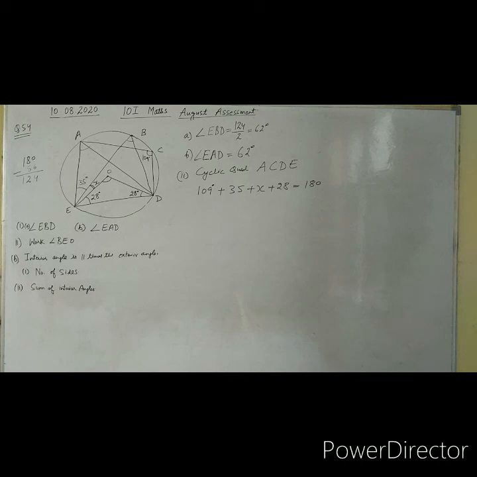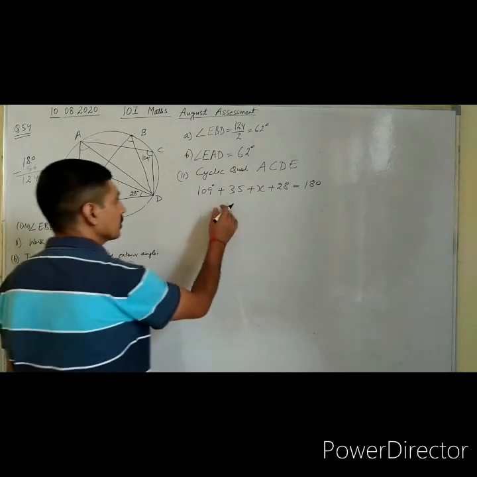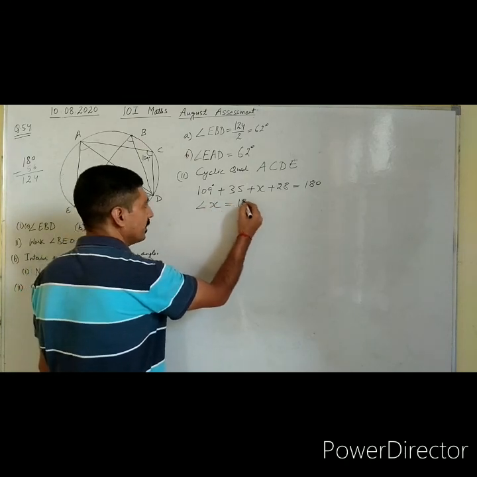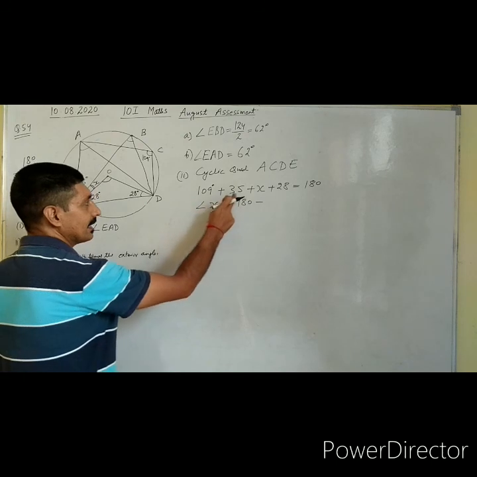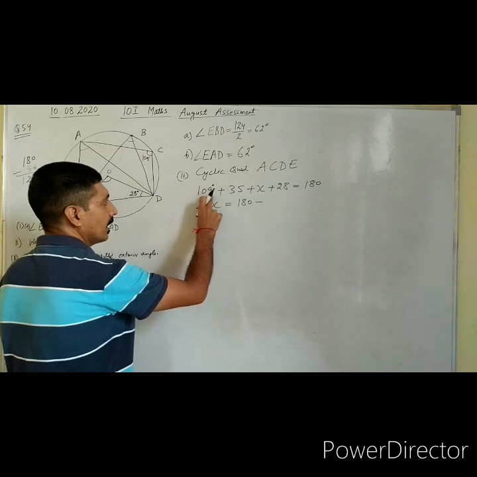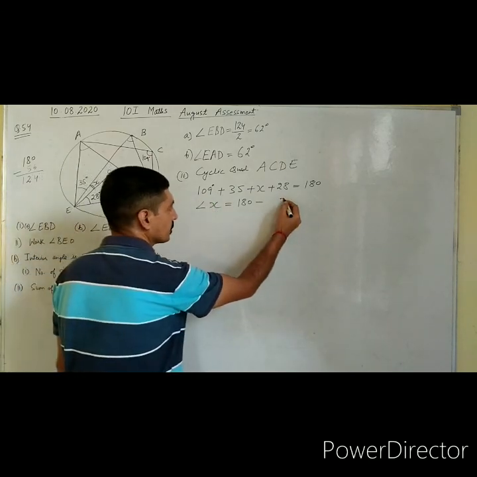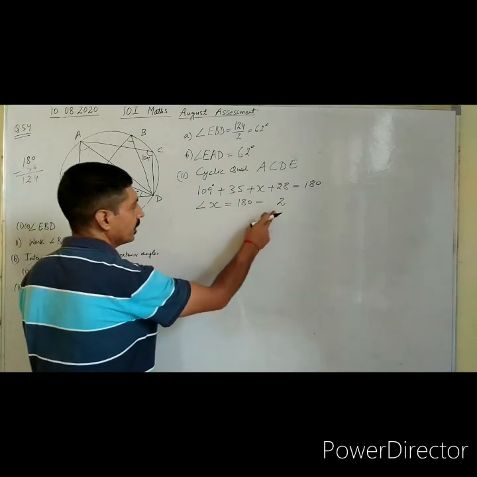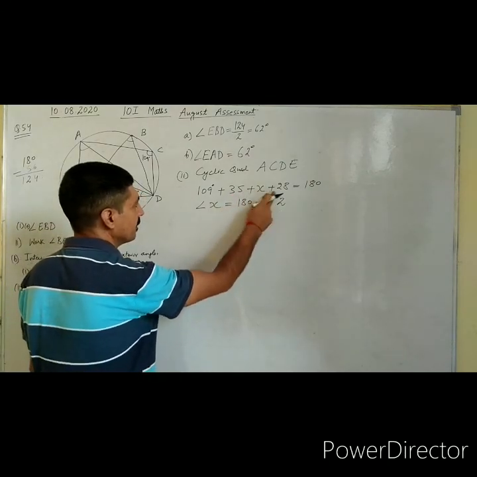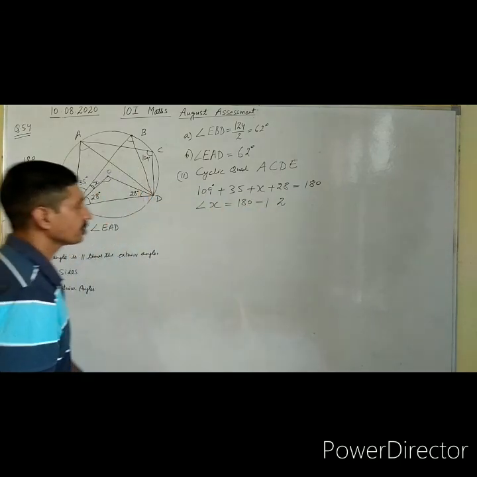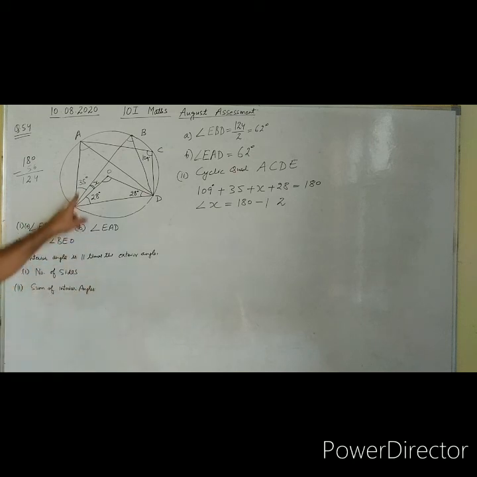So this angle BEO is equal to x here, that is 180 minus the sum.